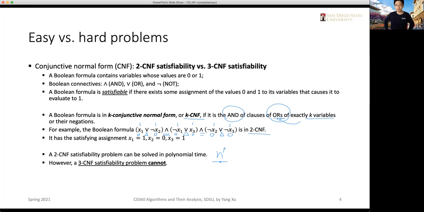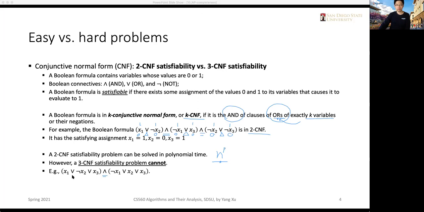easy to solve. Okay, it's not even close to the 2CNF problem. It's a very difficult one. All right, so for example, this one is a very simple 3CNF problem, right? It has one AND that connects 2 ORs, right?